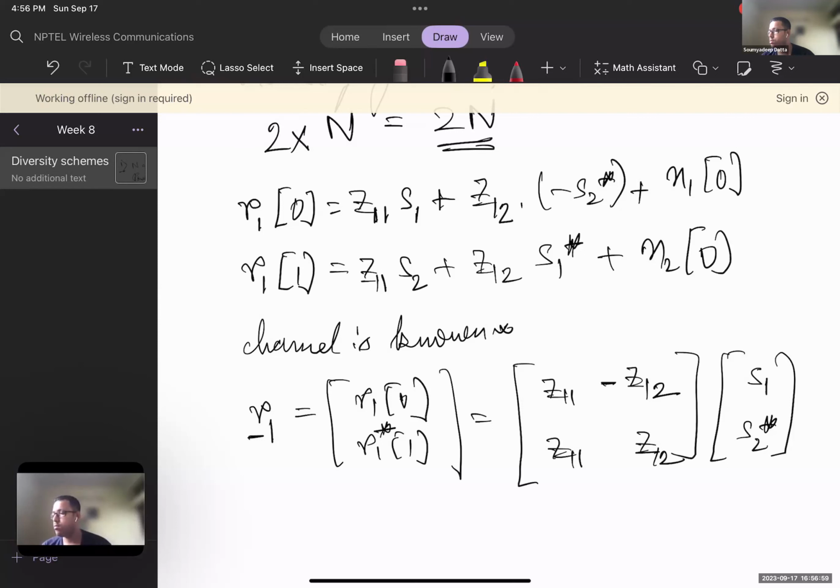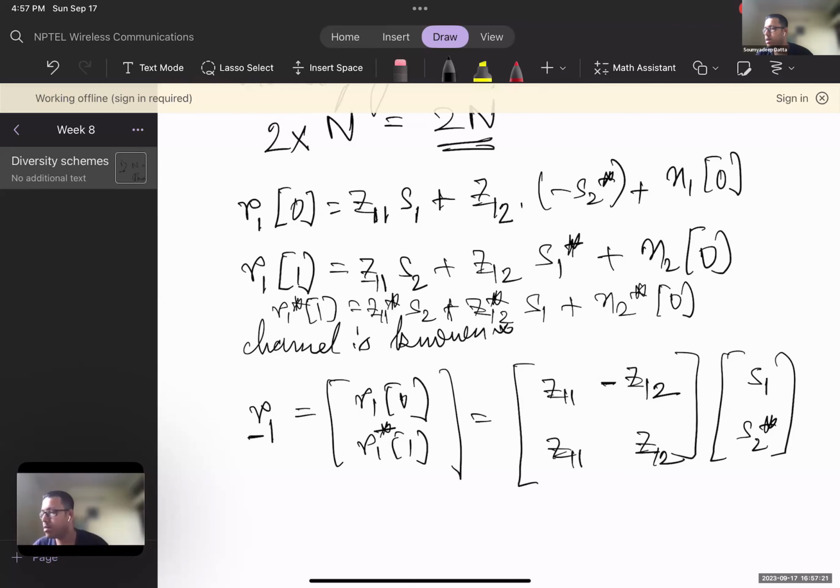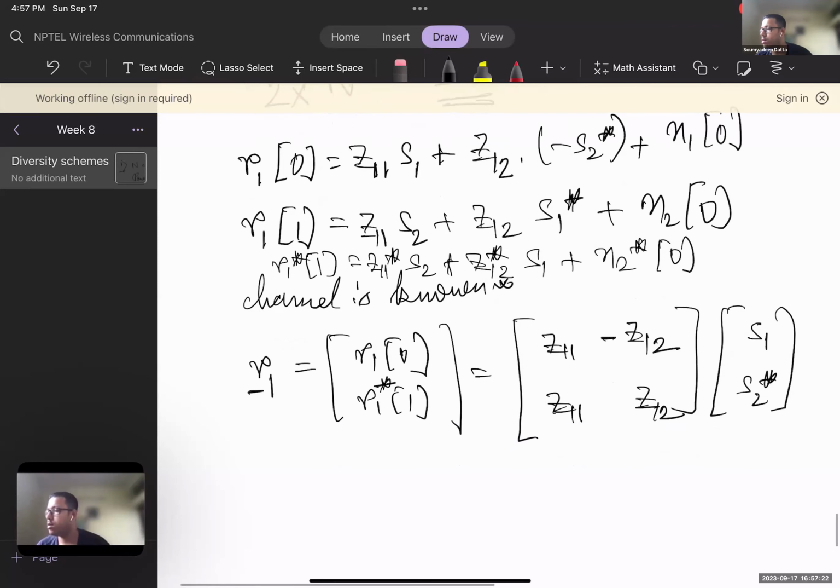And for R1 at time t equal to 1, this is Z12 times S1 star. If I take the star of this whole thing, R11 star, this will come out to be Z11 star times S2 plus Z12 star times S1 plus N1 star of 1. So you can see that for S1 the coefficient is Z12 star, and for S2 the coefficient is Z11 star.